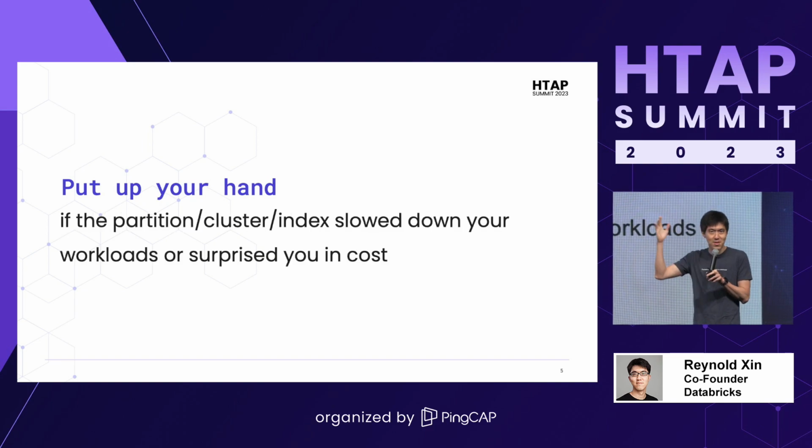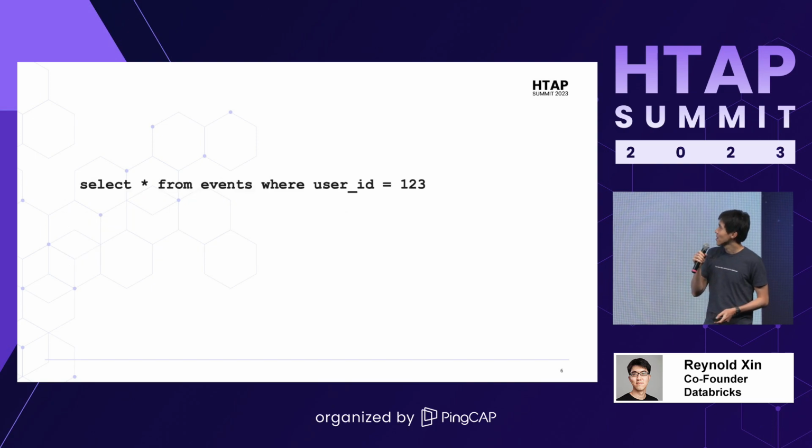Now, can you also put up your hand if that very optimization you've done slowed down your queries, or accomplished the opposite effect for some other queries that you're trying to do? All right, maybe half of the people put up your hand. So what's going on? How can all these optimizations that you're doing actually slow things down or accomplish the opposite effect?